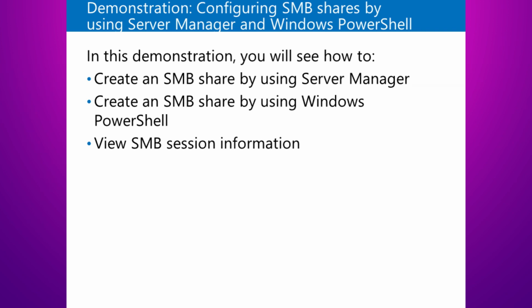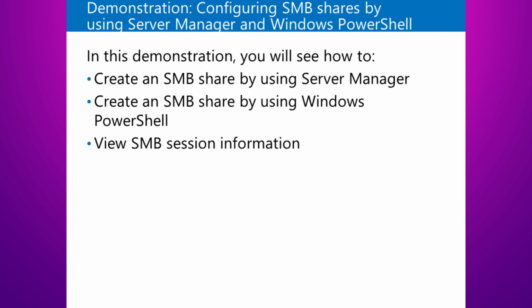In this demonstration, you will see how to create an SMB share by using Server Manager, create an SMB share by using Windows PowerShell, and view SMB session information. Demonstration steps. Create an SMB share by using Server Manager. 1. On LON-SVR1, in Server Manager, in File and Storage Services, browse to Shares. 2.